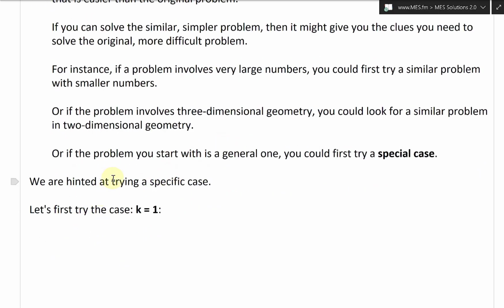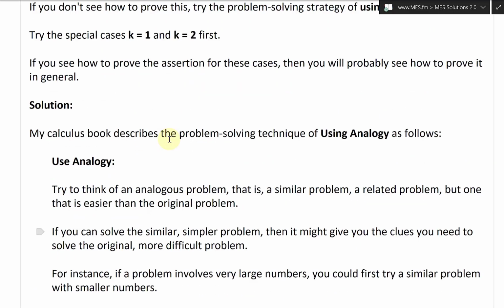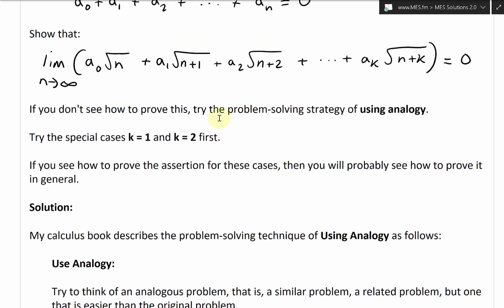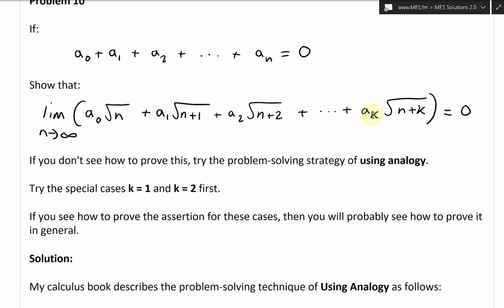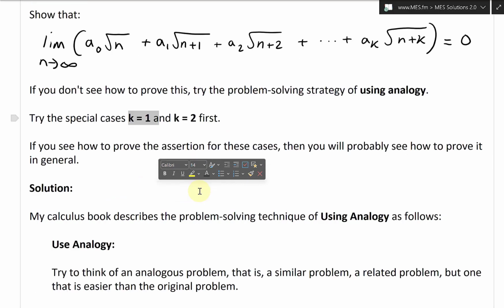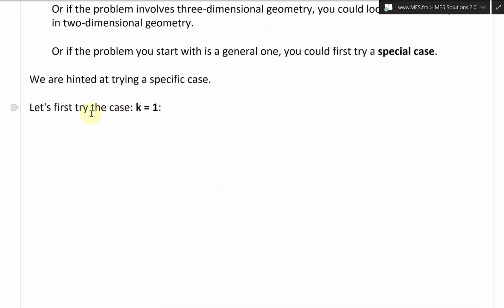Alright, so we are hinted at trying a specific case. Basically, use analogy to break it down and try something simpler as opposed to trying to solve the full problem right away. So let's try the special case of k equals 1 and k equals 2 first. Let's first try the case k equals 1.